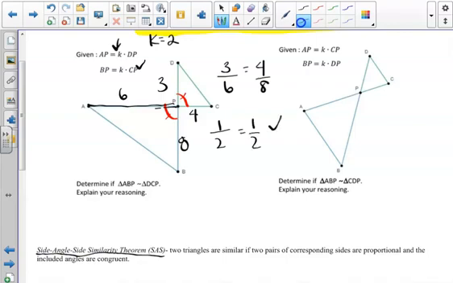So because we get the same ratio, that means that these triangles are similar. So the second method that we use to prove triangles similar is what we call the side-angle-side similarity theorem. We will need to show that one angle is congruent to each other, and the other 2 sides around the angle have the same ratio.